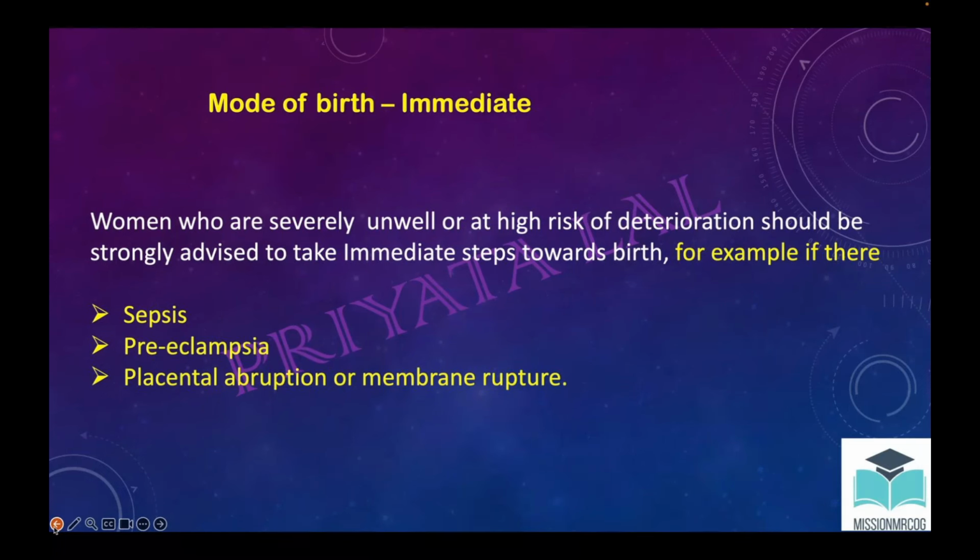But there could be certain circumstances where there is deterioration of the mother, and in that situation the mode of birth has to be done immediately. What are the circumstances? If the patient is unwell, or has sepsis, preeclampsia, membrane rupture or placental abruption.